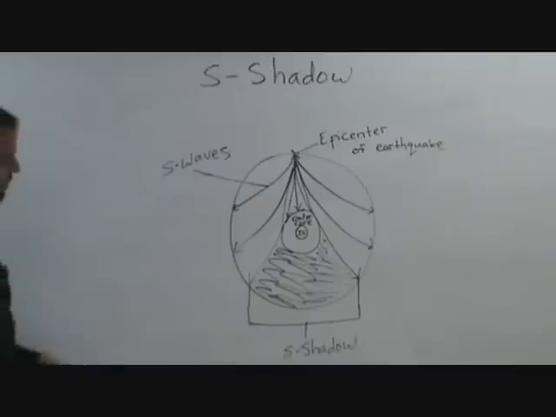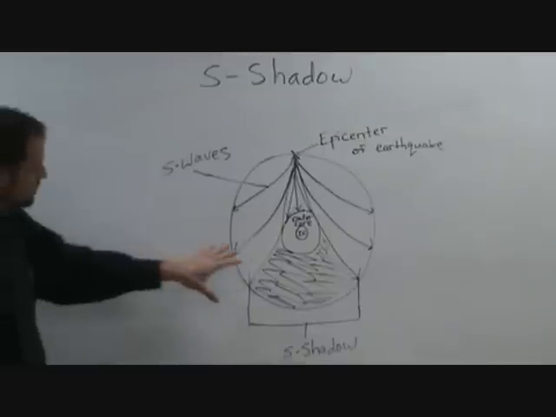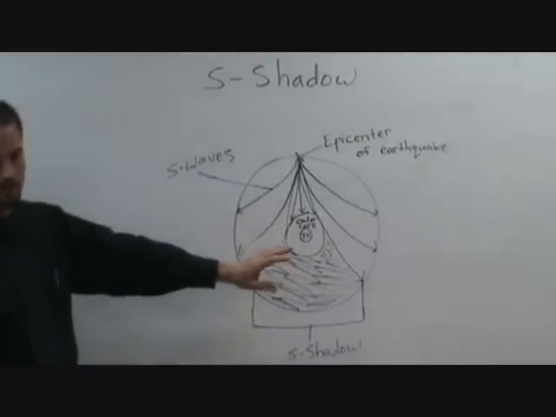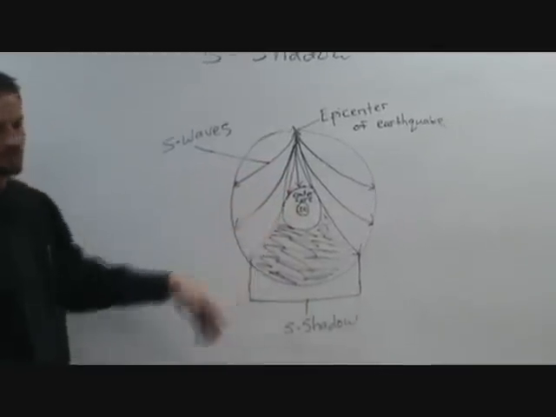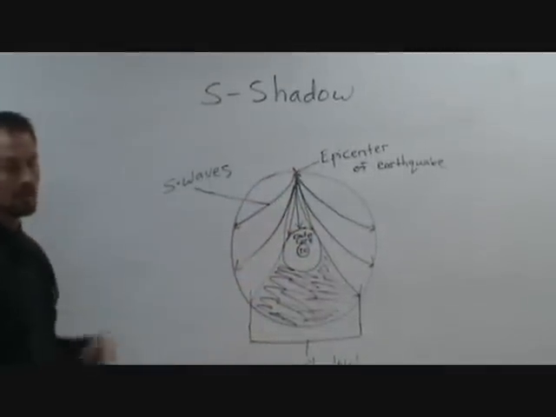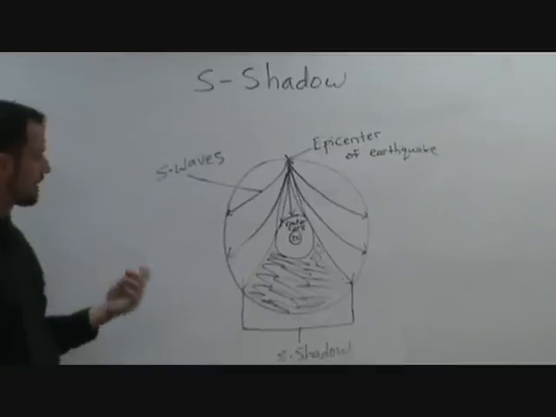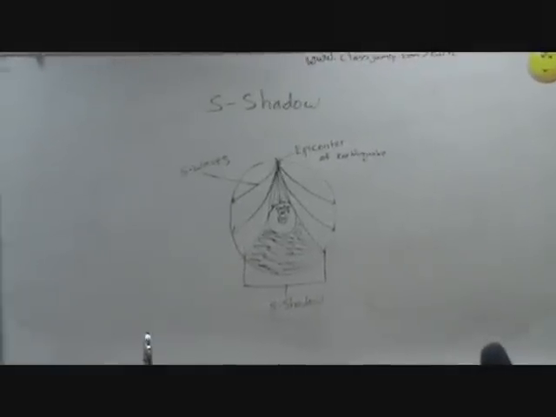And it's important to know this because this is how we know what the interior of the Earth is made of. The study of the seismic waves and how they travel through the different layers of the Earth tells us a lot about what it's made of. And this is how we know about the different layers of the Earth. And make sure that you draw this diagram.